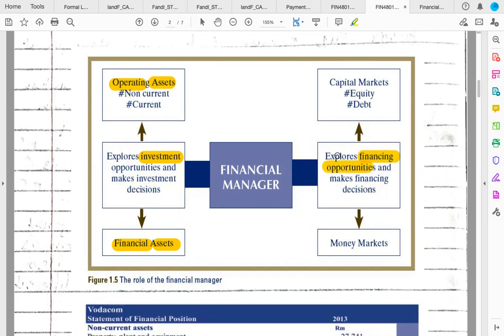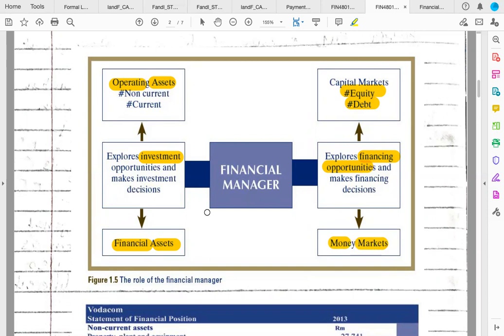So the financial manager also has to explore financing opportunities, that is, where to raise money from. The financial manager can raise money through equity, which is shares, or through debt, which is loans. And the company can also raise money through money market instruments.